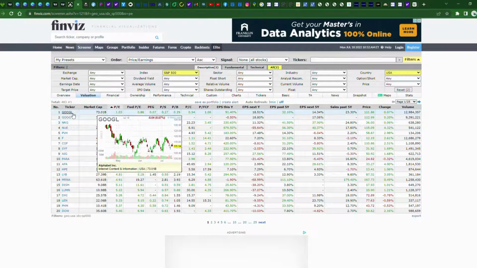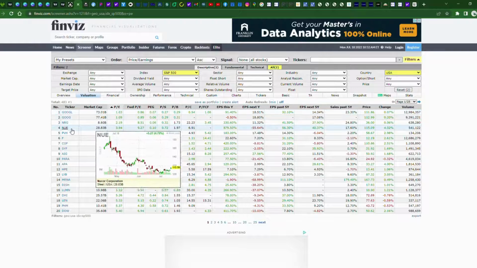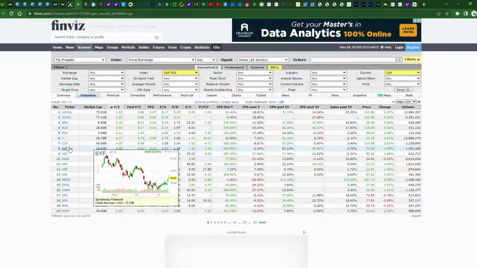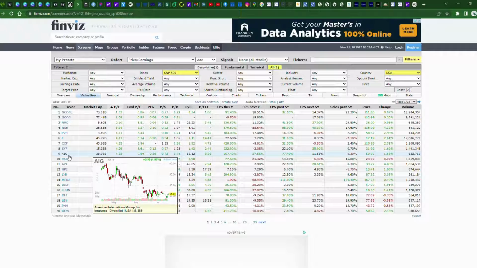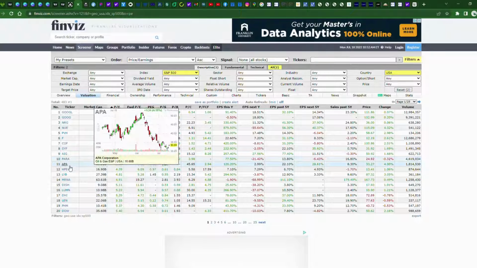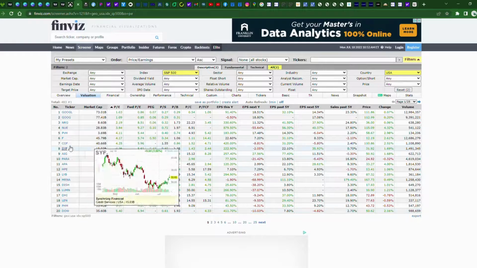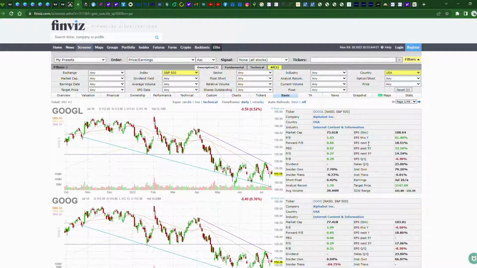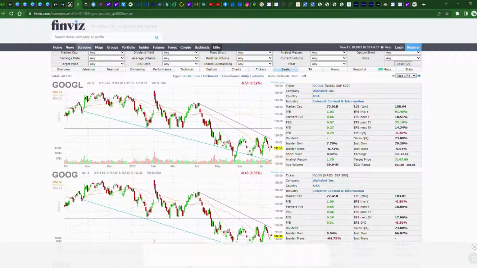Google here had the split, so it shows at 1%. You have Ford, you have Capital One, Synchrony Financial, AIG Group, Paramount. You have many companies here. Usually what I like to do is use this section here, Basic, so I can see a little bit more of the information.